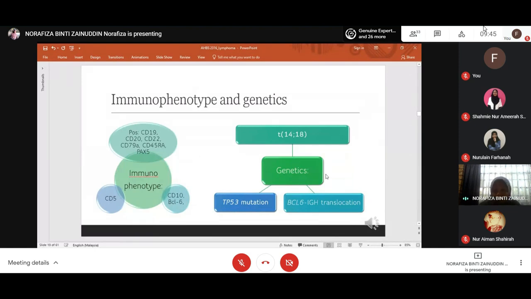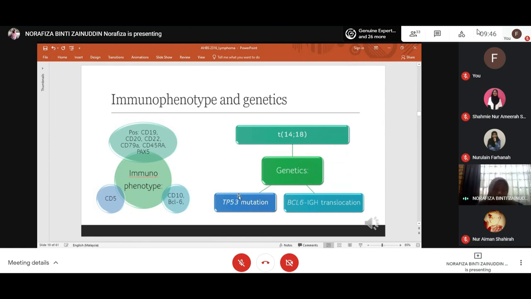When you use FISH, you will reveal more chromosomal translocations, such as 3q27 BCL6, which occurs in 55% of patients with the LBCL, translocation 14;18, which occurs in 15 to 20% of patients with the LBCL, and translocation 8;14 occurs in less than 5% of patients with the LBCL.